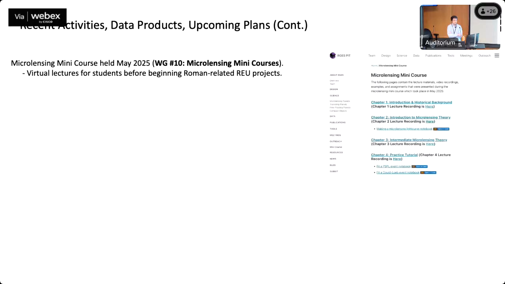All of the video lectures were recorded. All of the PDF curriculum material, Jupyter notebooks for example fitting microlensing light curves, all of that good stuff is now hosted on our outreach page on the website. So any new students or anyone new that wants to get involved in Roman microlensing will have that as a resource that lives on the page.